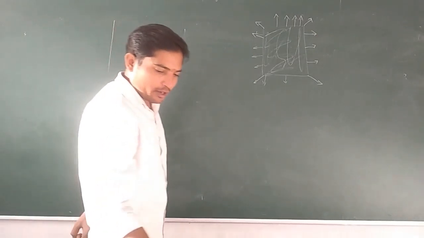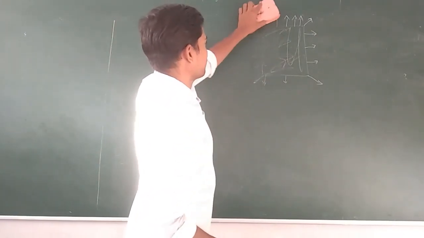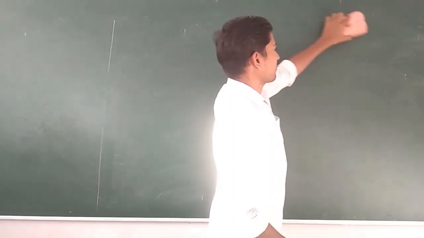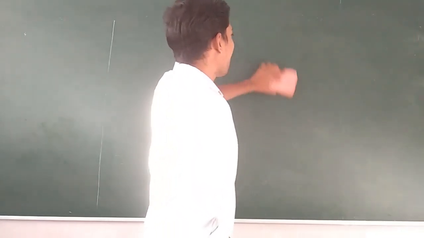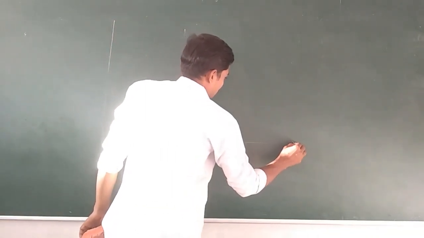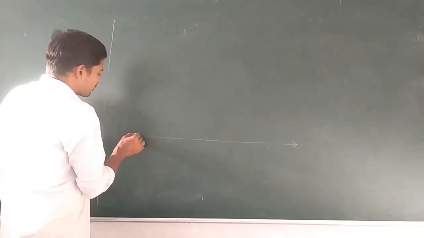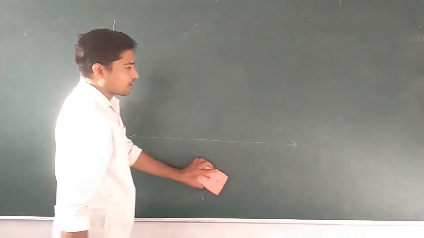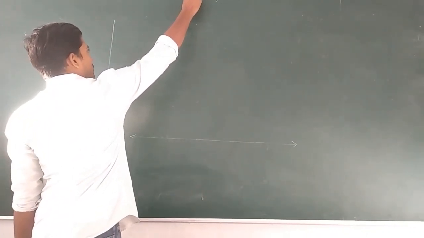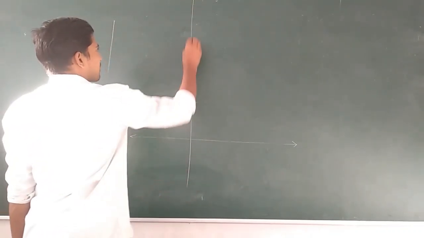So our green board is a plane. On the plane, the horizontal line: the line which is parallel to earth is called a horizontal line, and the line which is perpendicular to earth is called a vertical line.